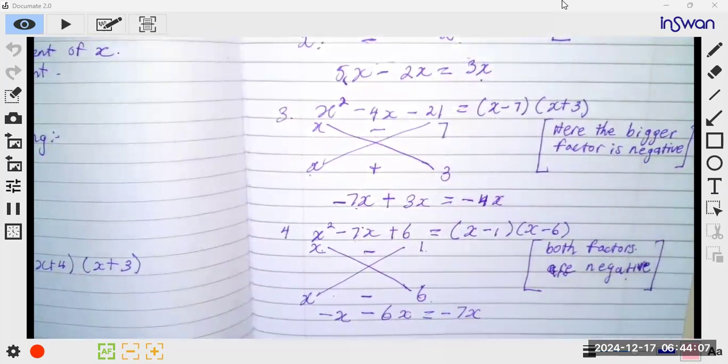Any questions about this? And this is the first part of factorizing quadratic expressions. Any questions about this? No, miss.